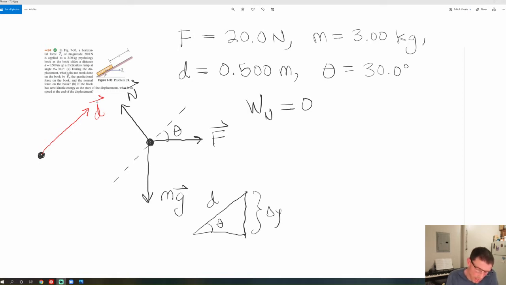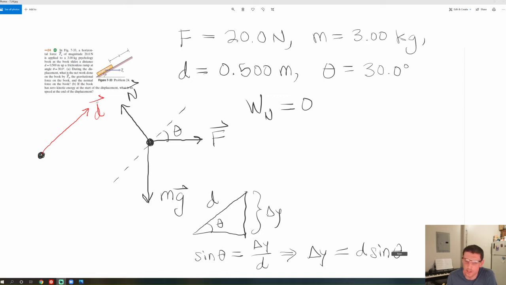Sine of theta is opposite over hypotenuse, so we would have sine theta equals delta y over d, and we can then see that delta y is just d sine theta.